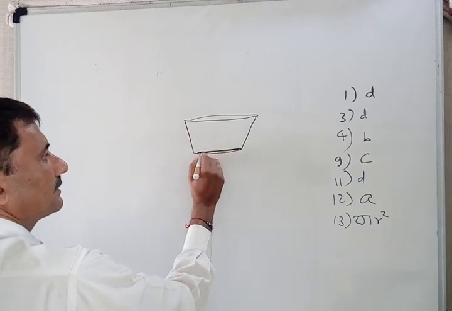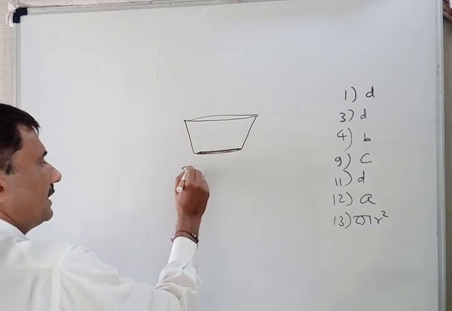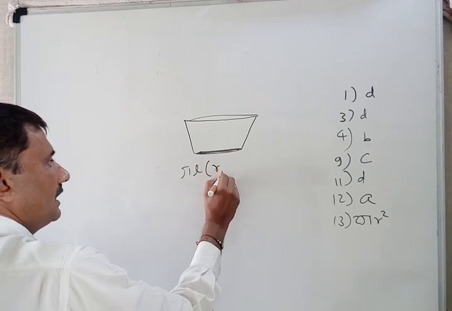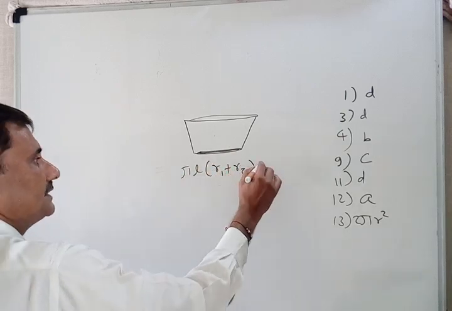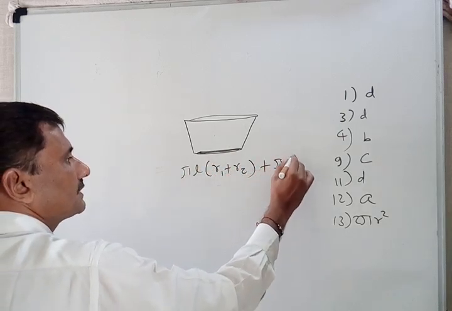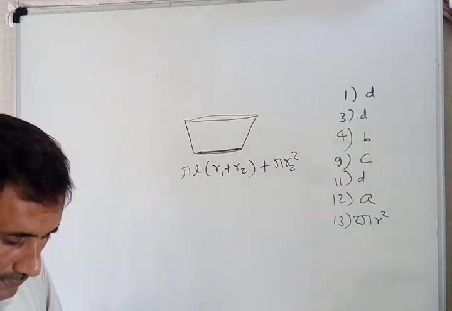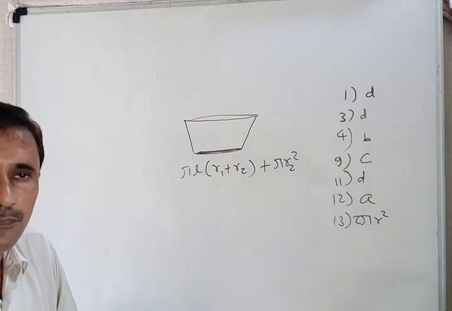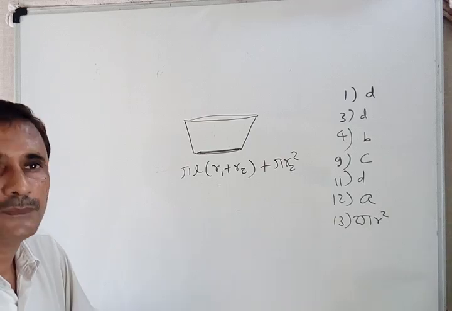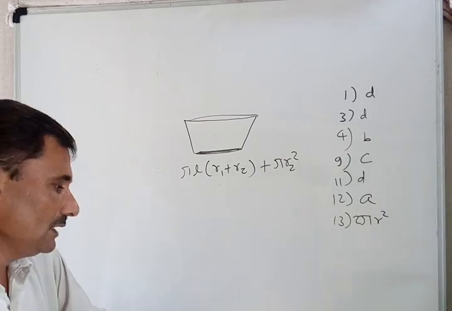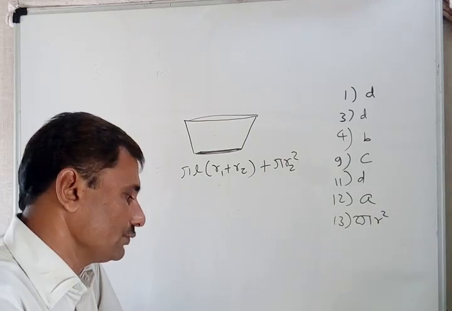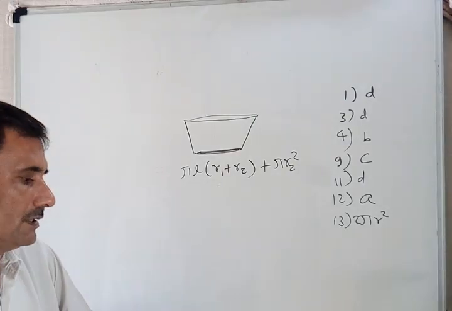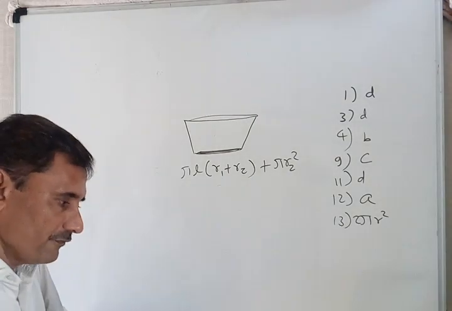The surrounding part is pi L (R1 plus R2), that is CSA, plus pi R2 square. In the fourth question of 13.4, we use that formula. So this is the formula required for question number 2 of VSQ.